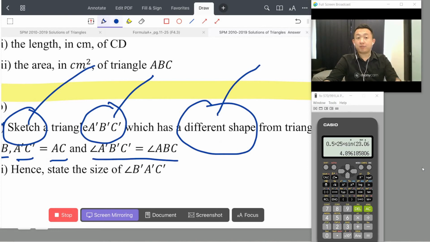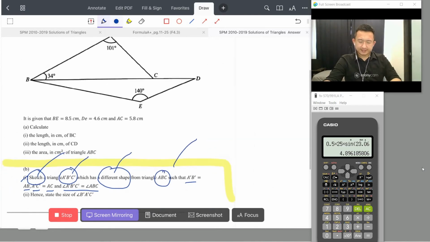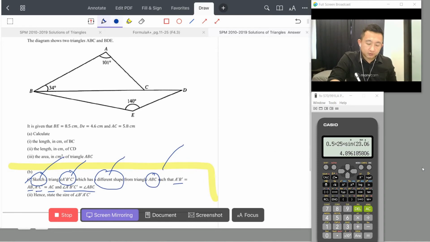Angle A prime B prime C prime equals angle ABC. So where is this angle? The ABC, so this angle remains the same, right? ABC, A prime B prime C prime, remain the same, 34 degree.